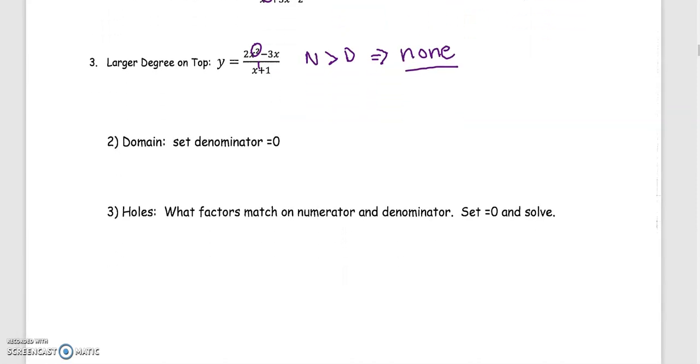And then holes are going to be a break in the graph. What factors match on the numerator and denominator? We set those equal to 0 and solve, and that is going to get you your hole. So an omitted point on the graph formed by having those same factors is what a hole is.